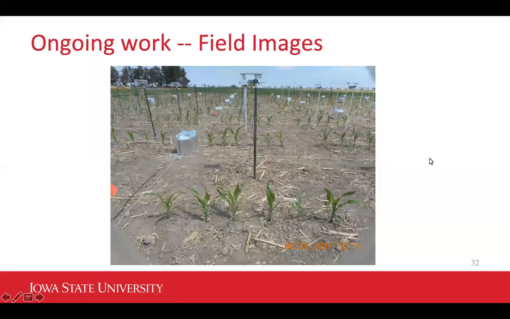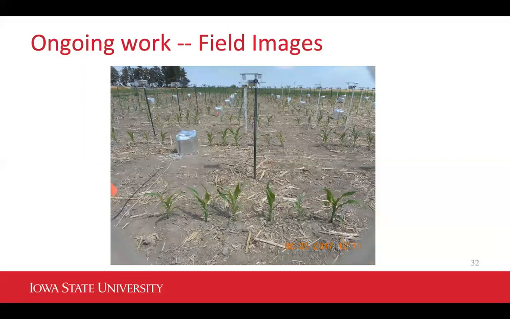This is much more challenging than the greenhouse because the background is much noisier, and you have shadows of the plants which are difficult to separate. So thresholding methods do not work at all for the field images. We thought, how about trying our method?